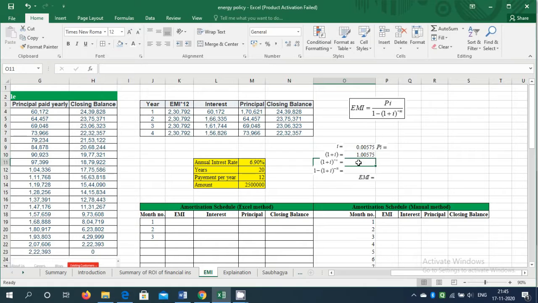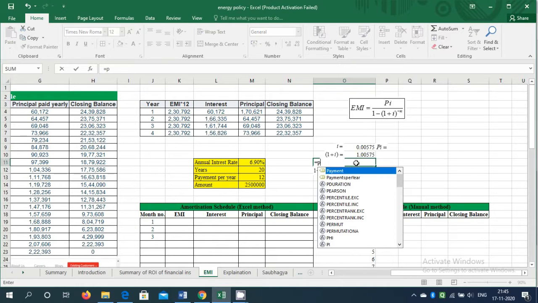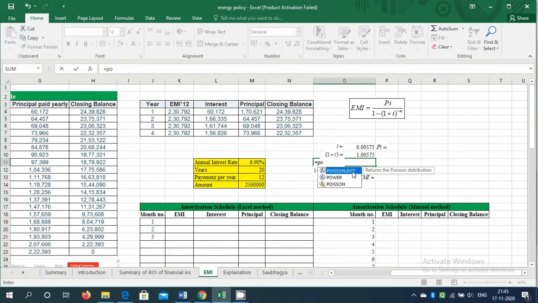Okay, then this one I have to calculate the minus n. Minus n is for how many months: 240 months. Okay, so I'll write equal to a built-in function in the spreadsheet, power. Okay, and then I'll write this one comma 240.